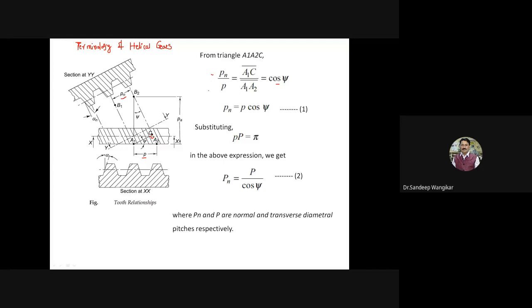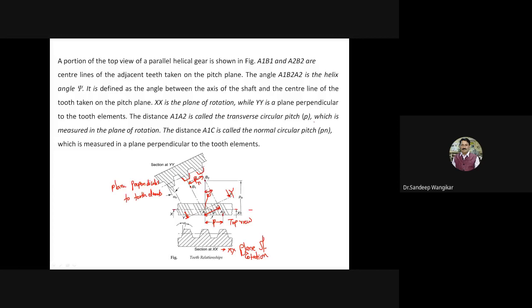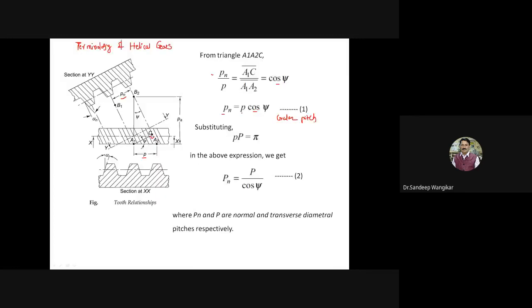So it will become Pn divided by P. So I can write Pn is equal to P into cos of psi. This we are writing for circular pitch, where Pn stands for normal circular pitch and P stands for transverse circular pitch.